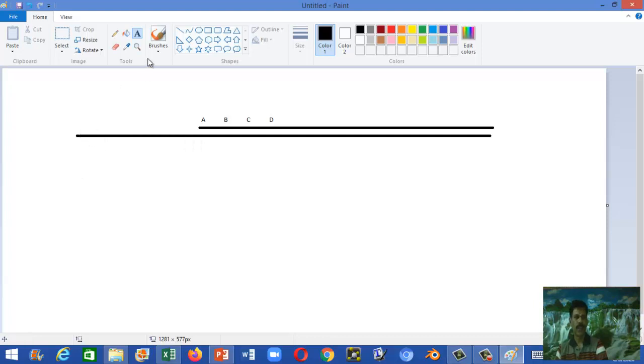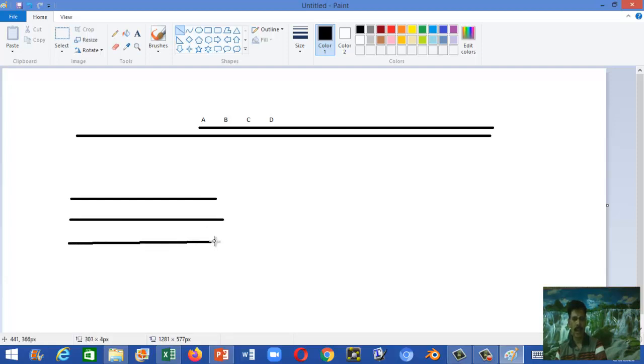So if each gene has to be present individually, then what will be the sizes required? For A you require this much length, and for B also you require this much length. Then you require for C, and then for D.